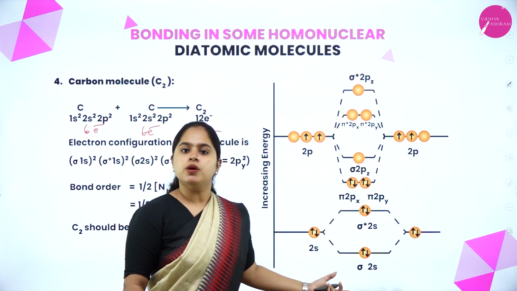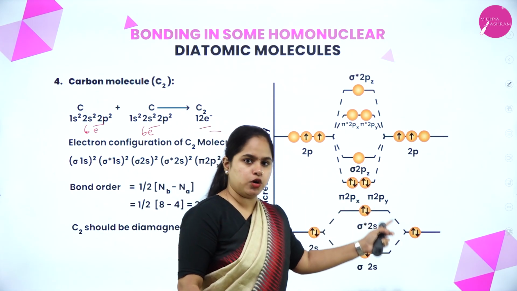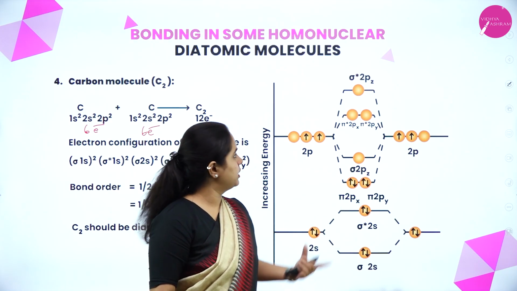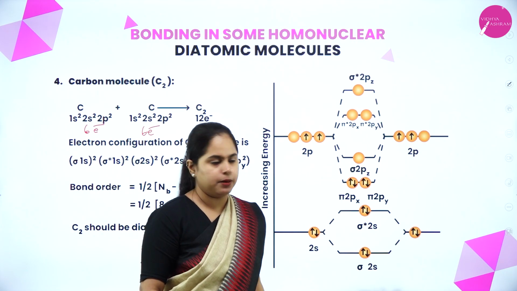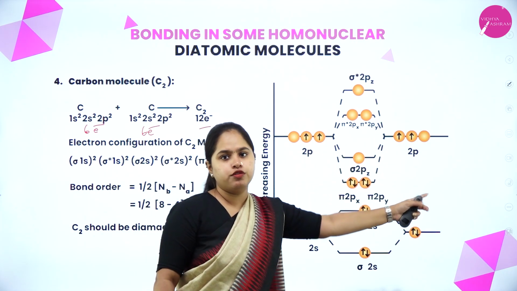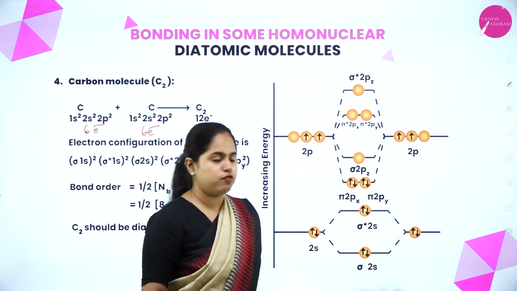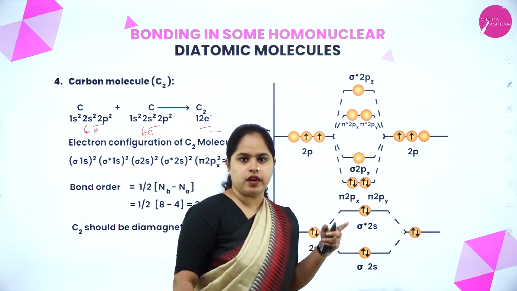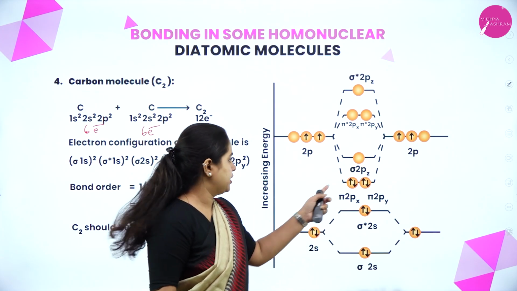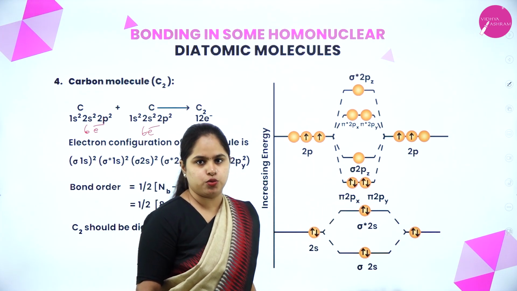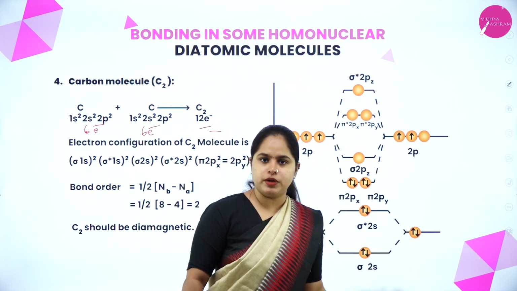So for C2, it will be pi 2px equal to pi 2py, then sigma 2pz, pi star 2px equal to pi star 2py, then sigma star 2pz. Okay, so a total of 2 and 2, that is 4 electrons to be filled here. So 1, 2 and 3, 4. So it all gets filled in the pi molecular orbitals themselves. So yes, I hope it is clear.